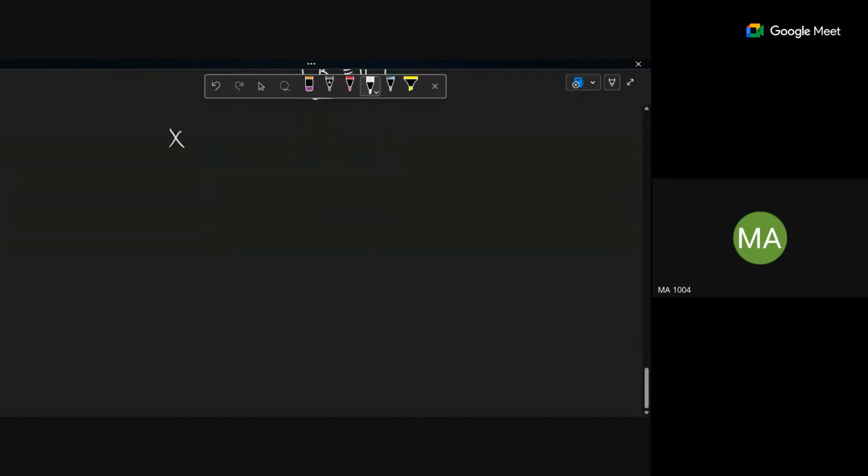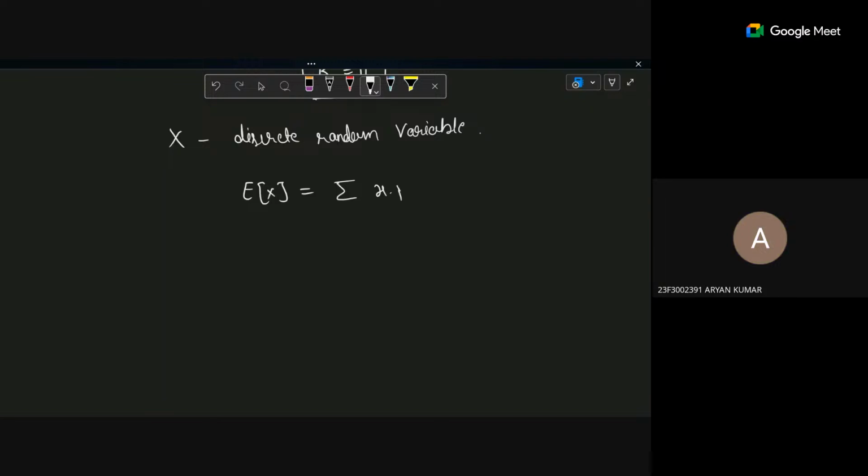See, whenever your x is a discrete random variable, how do you calculate the expected value? Summation of x into P of x. Yes, expectation of x is summation of x times P of x, summation over all the possible values of x.